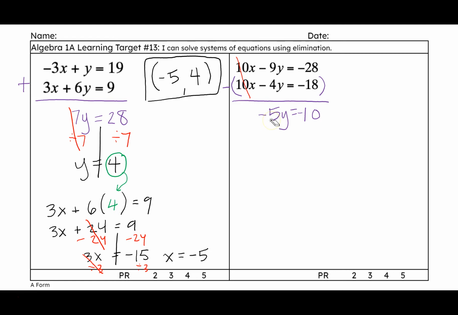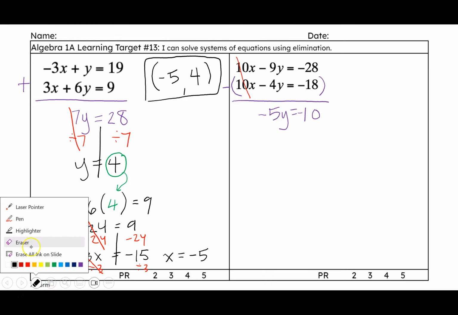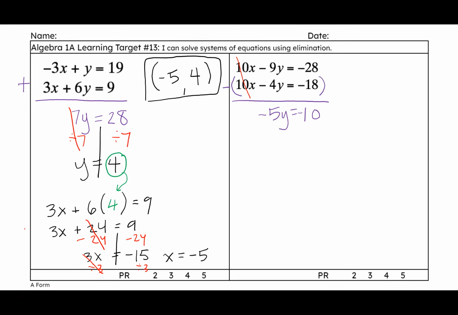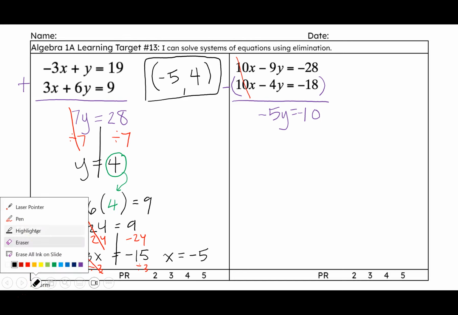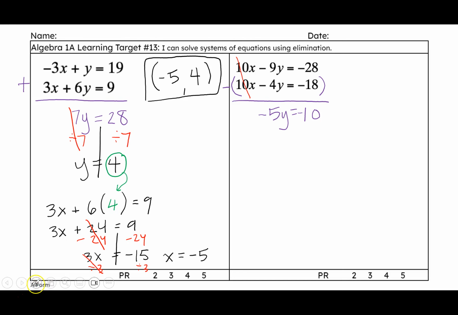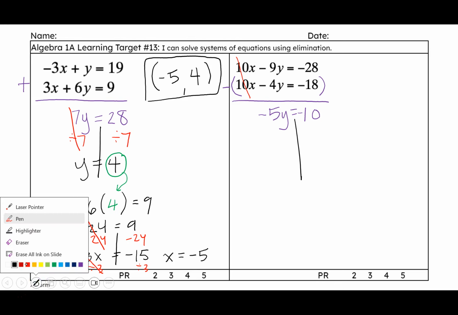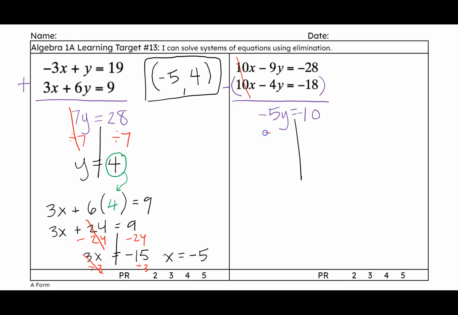Now I've got a simple equation to solve. I can do this one. I want to get rid of this coefficient of negative 5. That multiplier needs to be divided. Divide each side by negative 5.